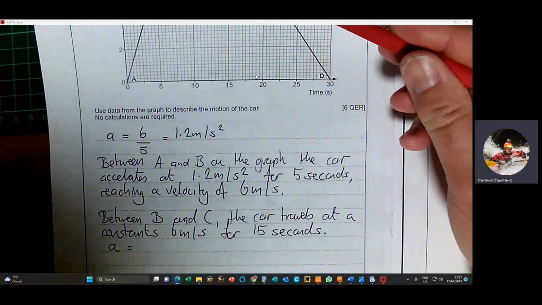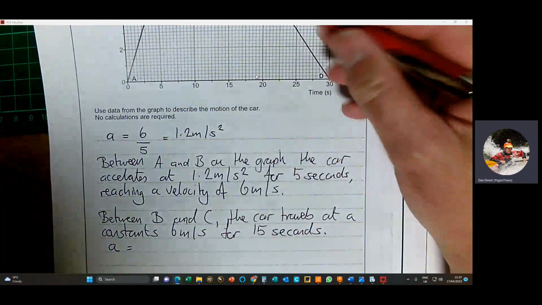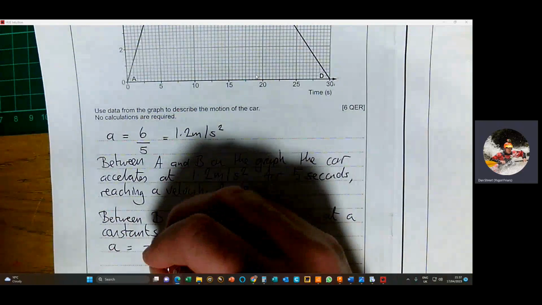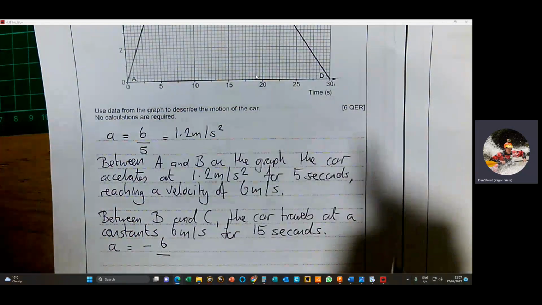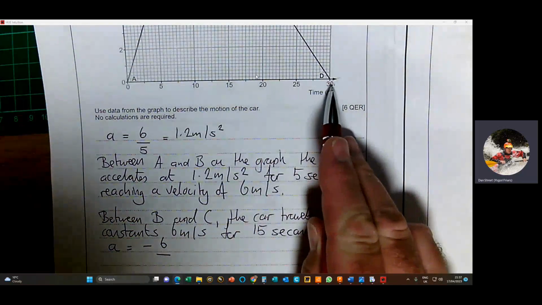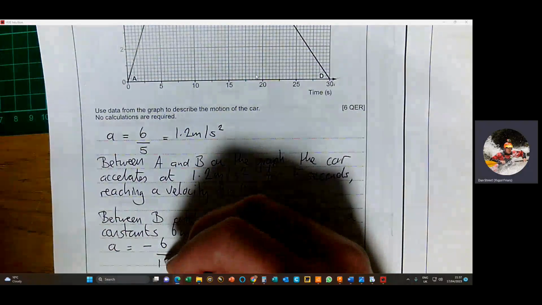So it's minus 6 because it's starting high, going low, and it's not divided by 5 this time. This time it's divided by 10 seconds, because between 20 and 30 seconds is 10.